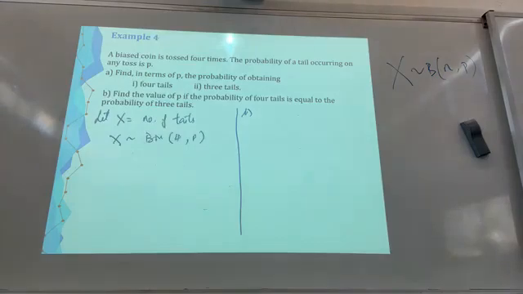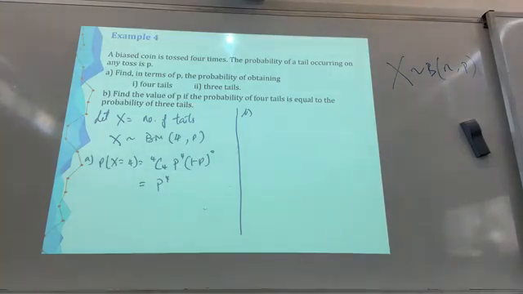So always write down x is the number of tails, and therefore x is binomially distributed, n is 4, and p we don't know, p is p. In terms of p, you should be able to work out what that is.